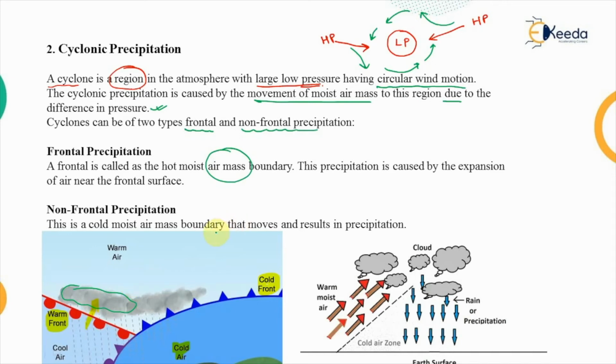Once it reaches sufficient altitude, it falls down in different forms of precipitation. As you can see here, this warm moist air is getting lifted up because of the cold air zone or the cold front. Now when it reaches a sufficient height, it drops down in the form of rain or a different form of precipitation.